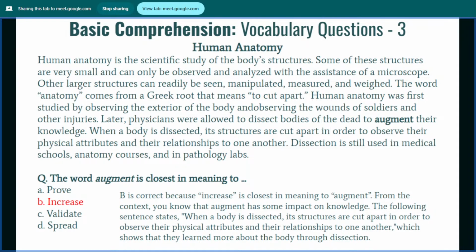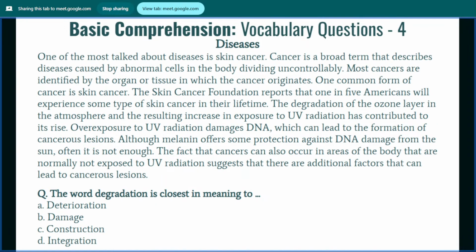So, when a body is dissected, its structures are cut apart in order to observe their physical attributes and their relationship to one another, which shows that they learn more about the body through dissection. Correct? So, that's how we get the meaning of it. Understood? Now, try the last one quickly.